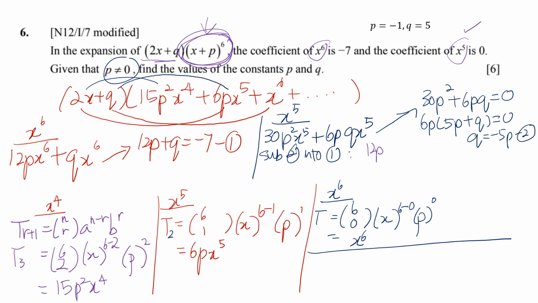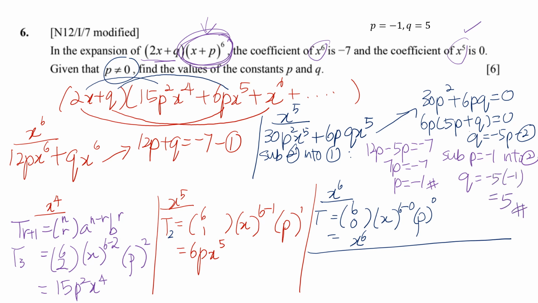So 12p minus 5p is equal to negative 7. 7p is equal to negative 7. p is equal to negative 1. Okay. So then to find the value of q, just substitute p equals negative 1 into 2. So q will be negative 5 times negative 1, which gives you 5. Alright, so this is how you do question 6.